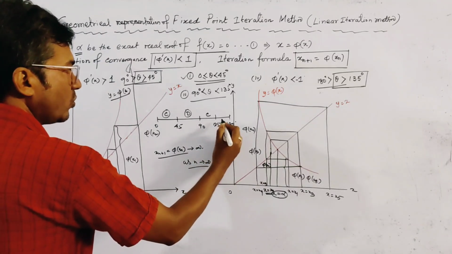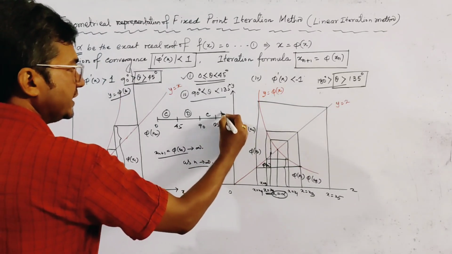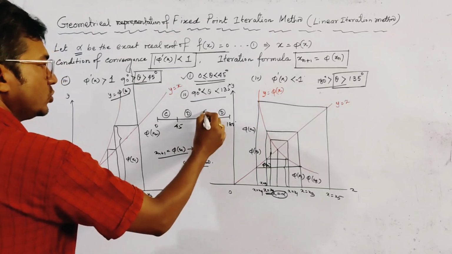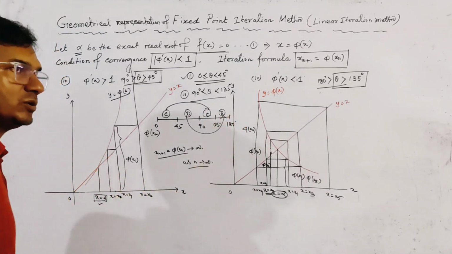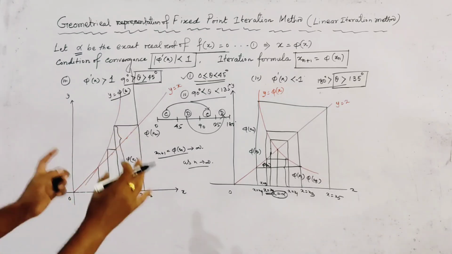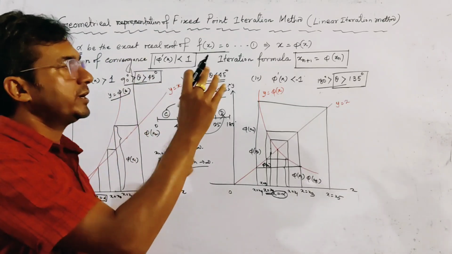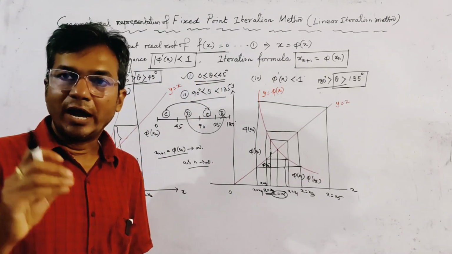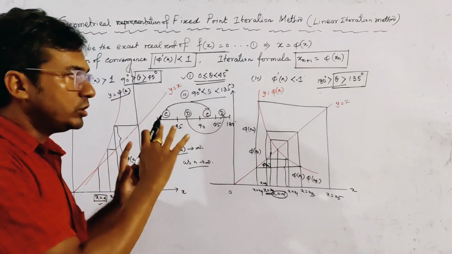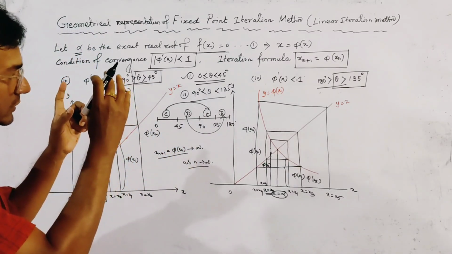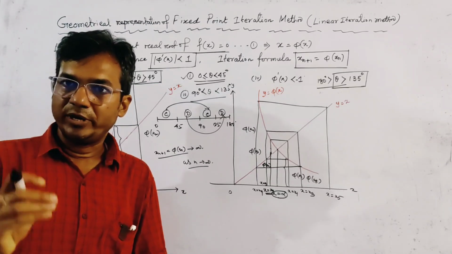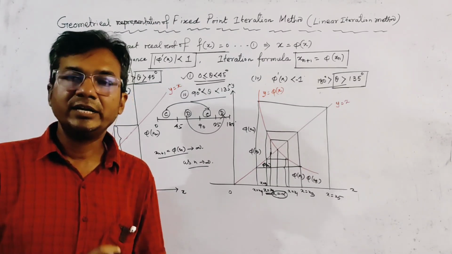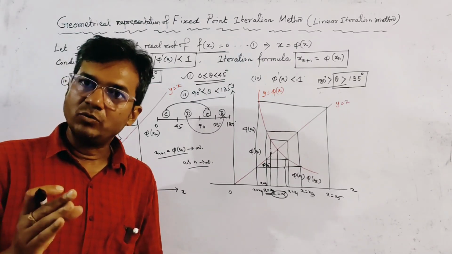And when 135 to 180 degrees, then again a divergent case. So these two cases are convergent and these two cases are divergent. Okay, this is the complete concept of the fixed point iteration method geometrically, and we discussed all four cases with the angle of inclination of phi of x with the x-axis. Okay, thank you for watching.